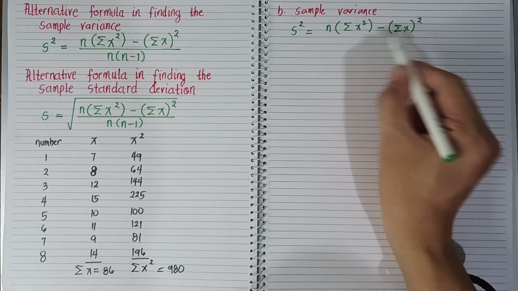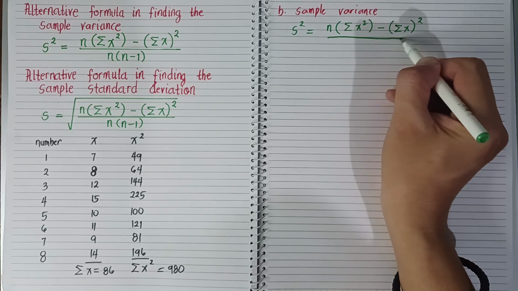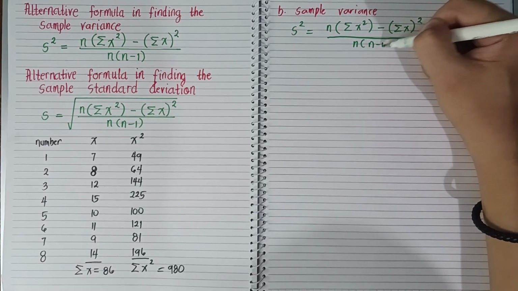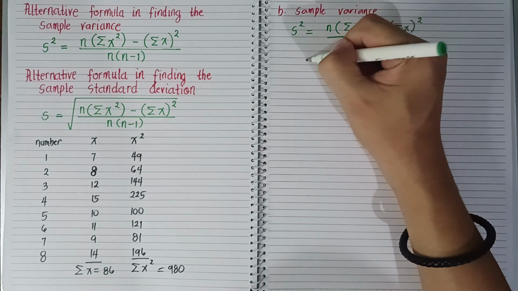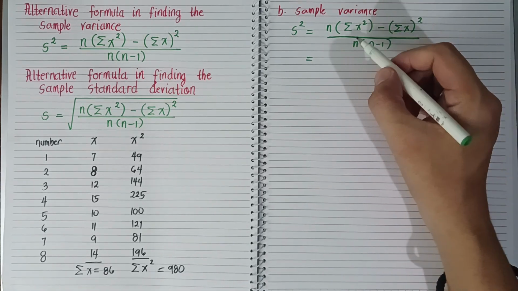So guys, dito magkaiba yan. Okay? Kaya wag kayo malilito. And then all over N times the quantity of N minus 1. Gets? So now, dito, let's substitute.